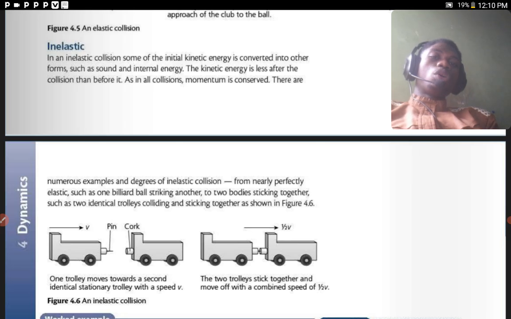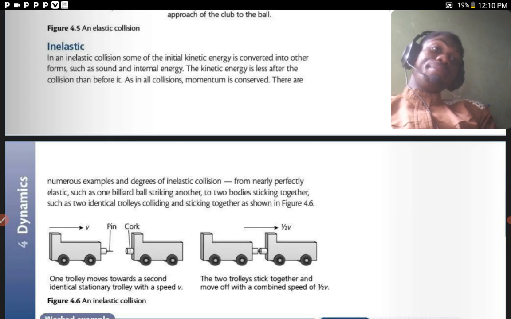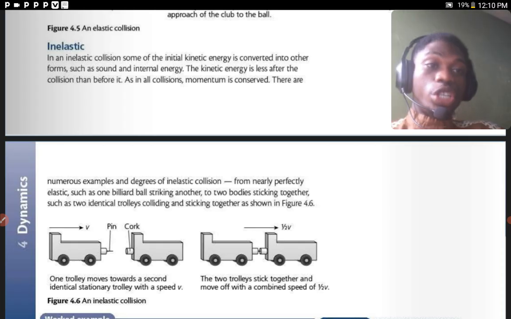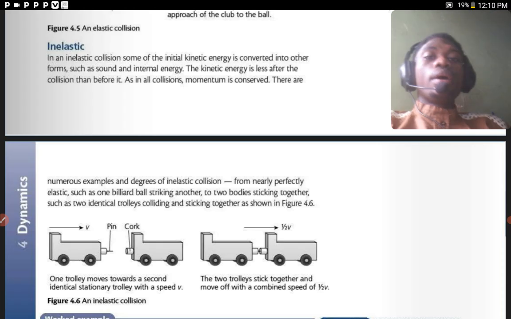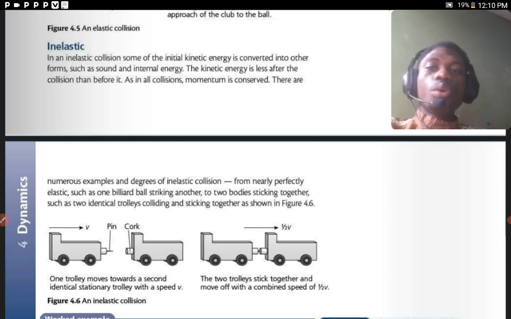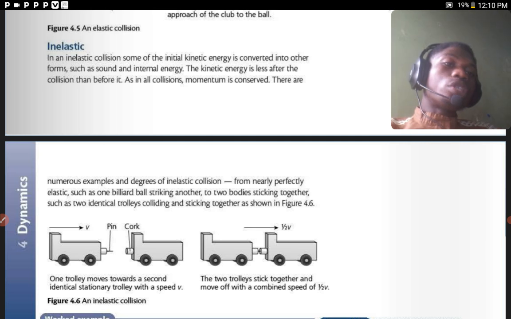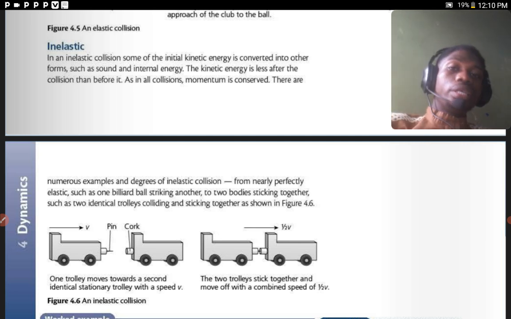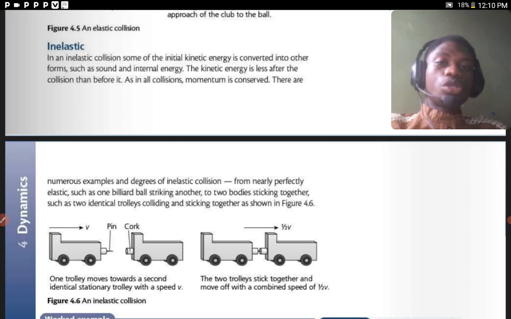So what we are saying is that in an inelastic collision, kinetic energy is not conserved. Why will KE not be conserved? Because in an inelastic collision, some of the kinetic energy will be converted into internal energy, sound energy, and so on and so forth.